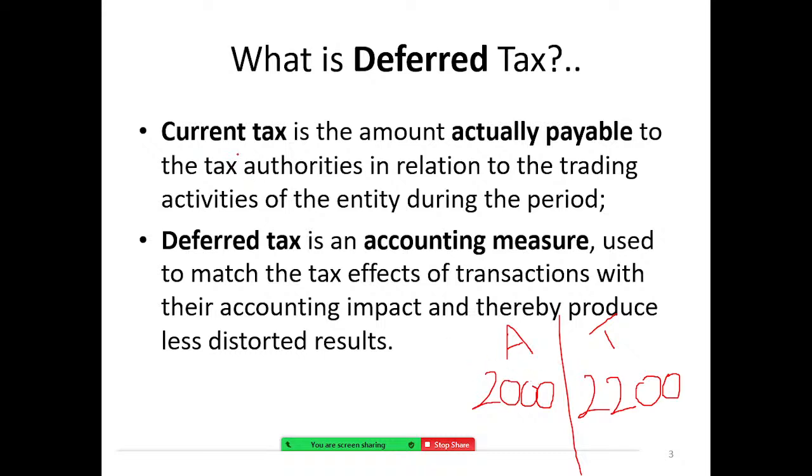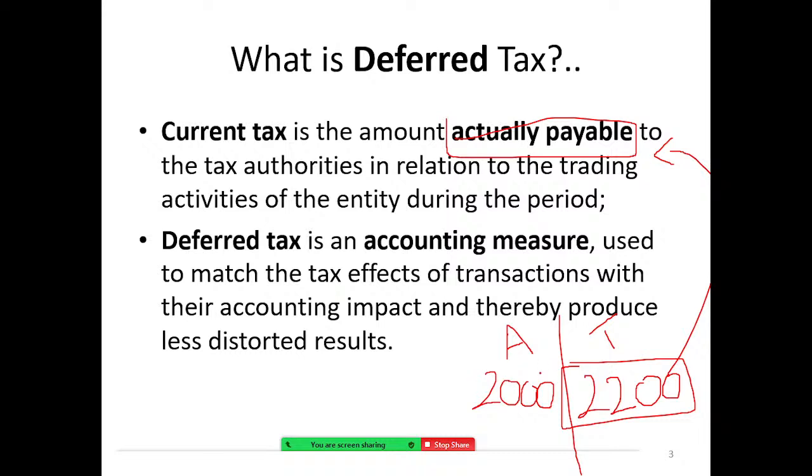The current tax is the amount actually payable to the tax authorities in relation to the trading activities of the entity during the period. Here we estimated 2,000, but based on the provisions of tax rules we have to pay 2,200. So the current tax is this value, 2,200. Deferred tax is an accounting measure used to match the tax effect of transactions with their accounting impact and thereby produce a less distorted result.